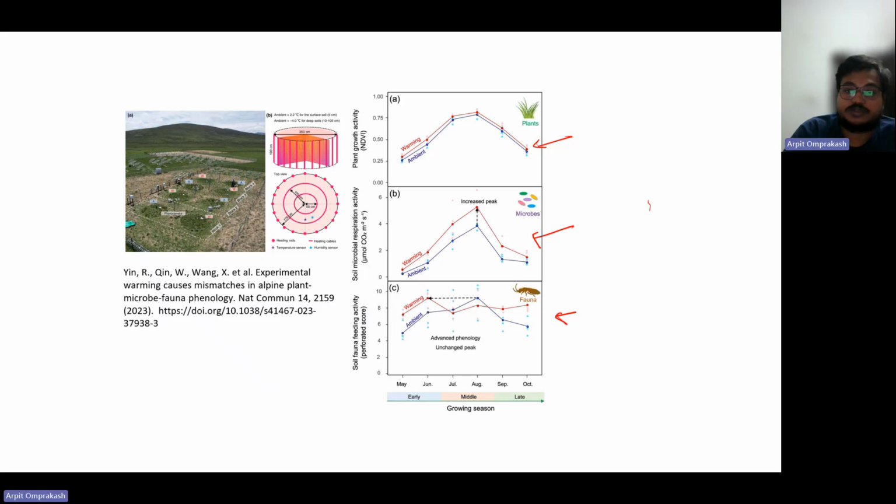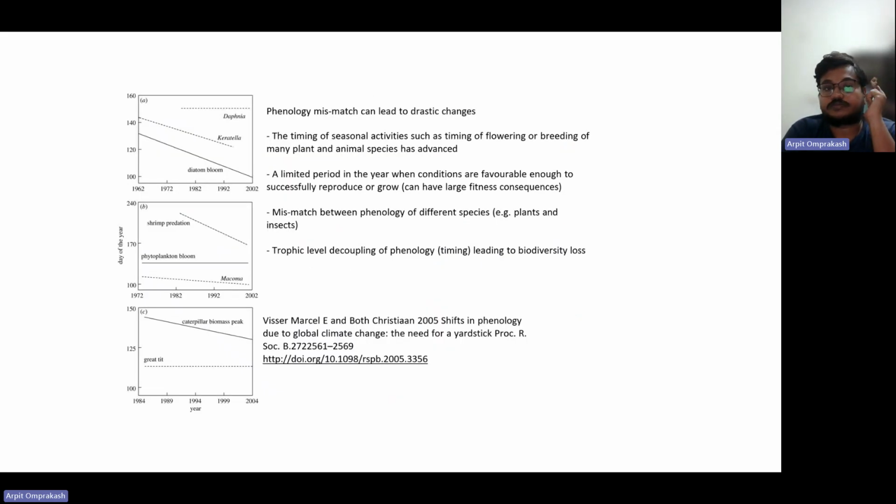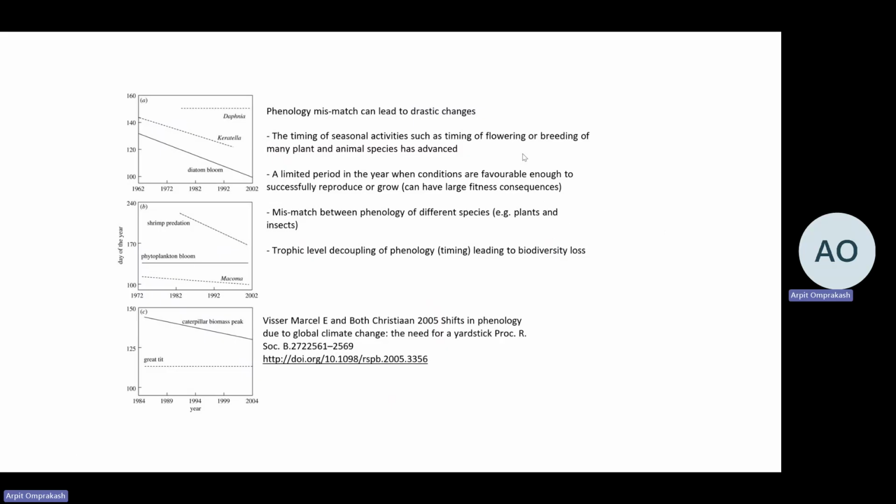This can lead to a mismatch between the phenology of these fauna, these insects, and the plant community that is present there. Phenology mismatch such as that can lead to drastic changes, such as the timing of seasonal activities, such as timing of flowering or breeding of many plant and animal species, having advanced. There is a limited period in the year when conditions are favorable enough to be successful, to reproduce or grow.